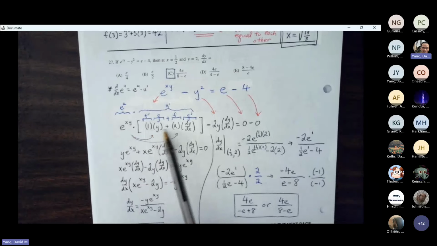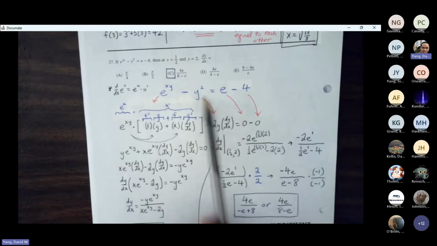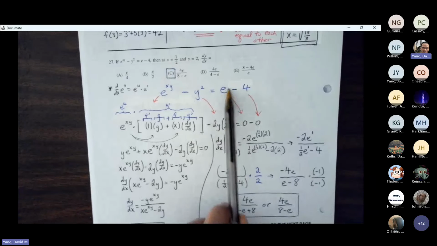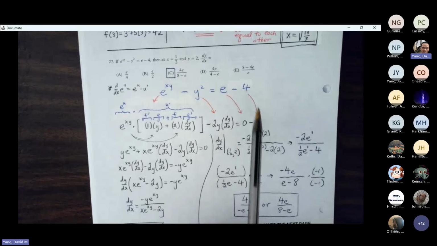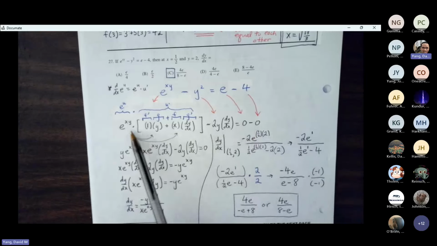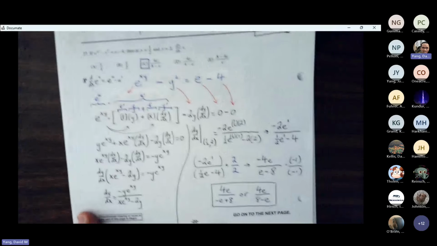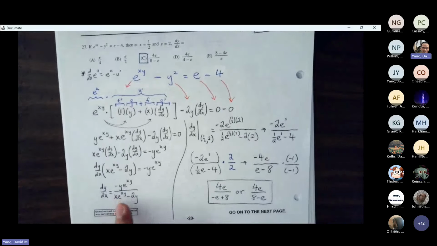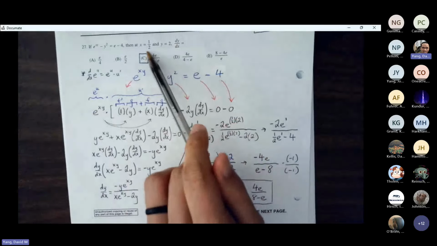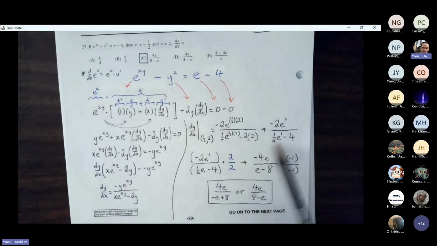So f prime g plus f g prime. y squared becomes 2y dy/dx. e is a constant, goes to 0. 4 is a constant, 4 goes to 0. And if I distribute this through, I can get dy/dx. And once I get dy/dx, I can plug in my 1/2, my 2, and get my slope, and then clean that up and get it all the way down to 4e over 8 minus e.